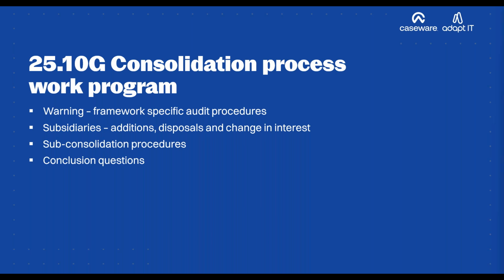So you need to make sure that your teams develop the appropriate procedures to include in the consolidation process work program, that they address all the requirements from the framework.